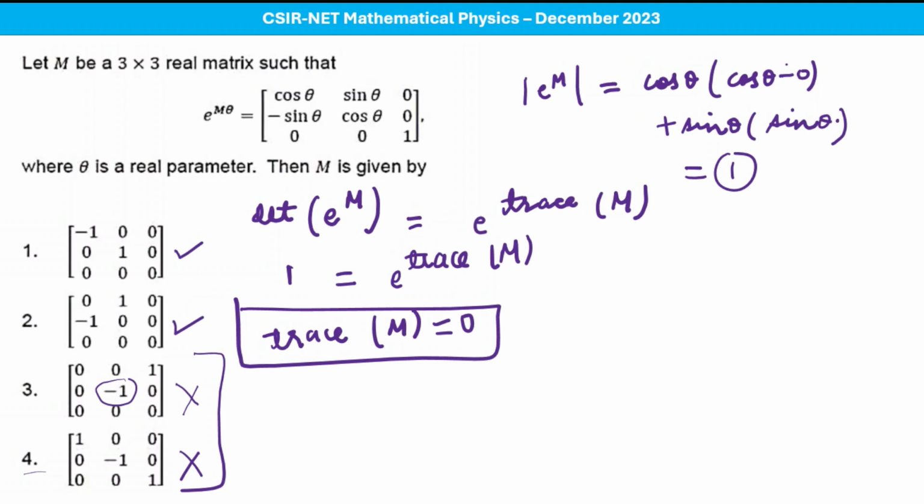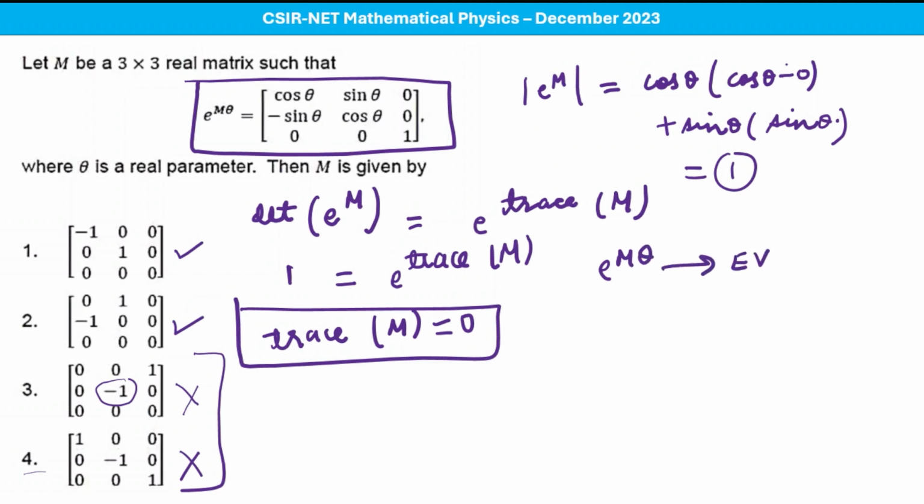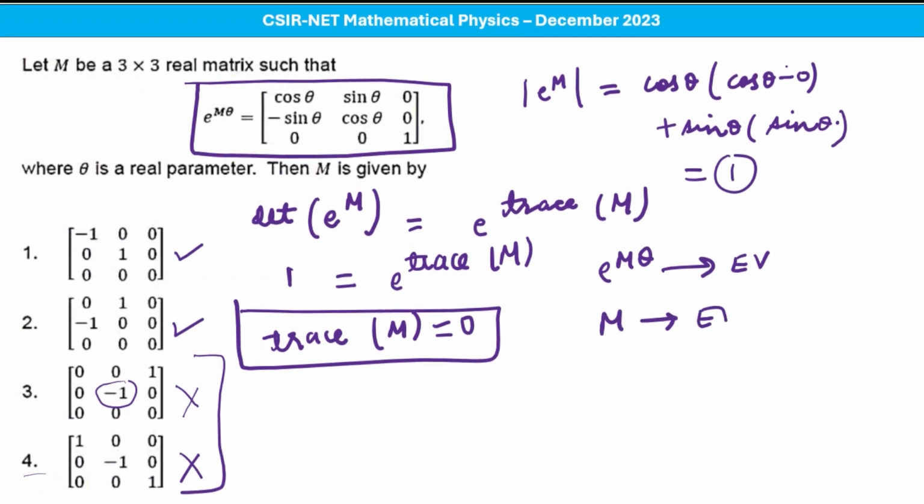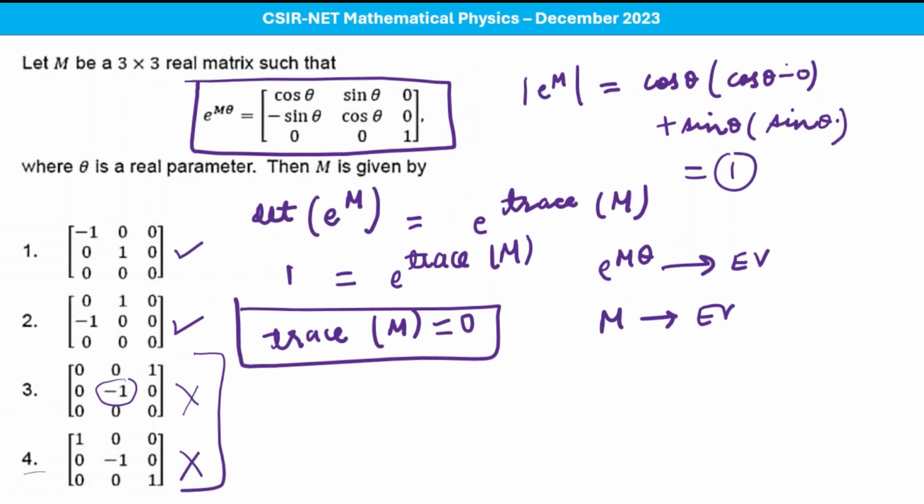Now the approach to solve this question will be that I will find the eigenvalues for this matrix, and then I will find eigenvalues for matrix M. Then we have this property that if matrix M has eigenvalue lambda, then the matrix e raised to power M will have eigenvalue e raised to power lambda.